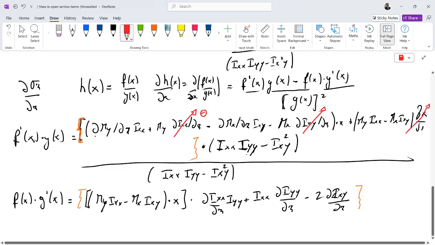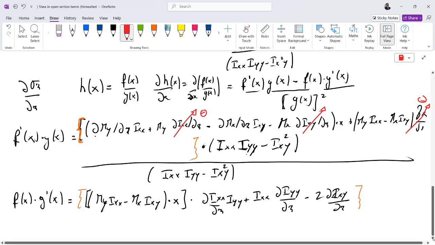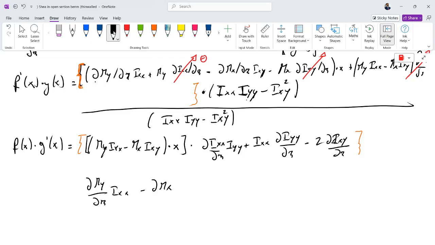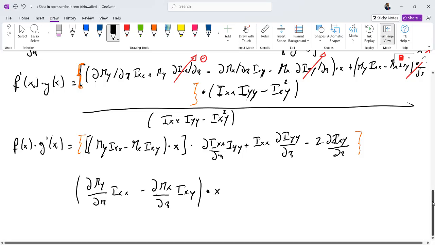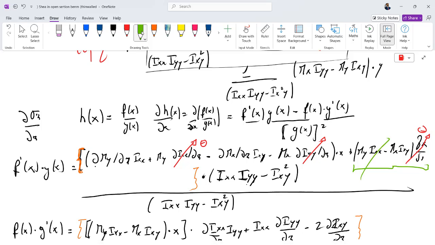Also this quantity here, because x divided by z, x is z. So we obtain from the first quantity only this quantity here, so the derivative of My with respect to z times Ixx minus the derivative of Mx with respect to z times Ixy, times x. So the other quantity here, all this quantity here, is equal to 0 because multiplied by this 0, all this is 0.